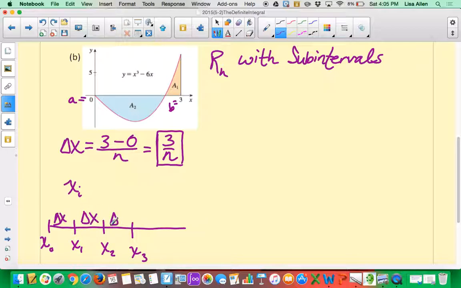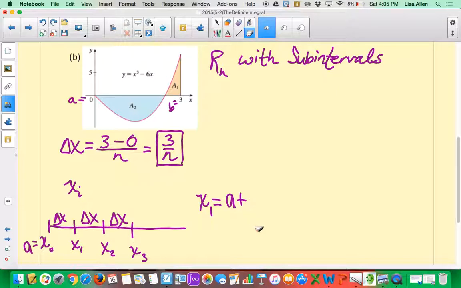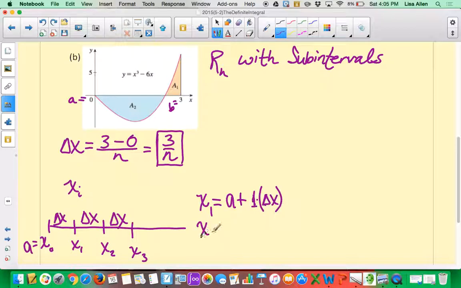So most of you would say x sub 1 is where I start, which is a, plus 1 times delta x. Then x sub 2 will be a plus 2 times delta x.